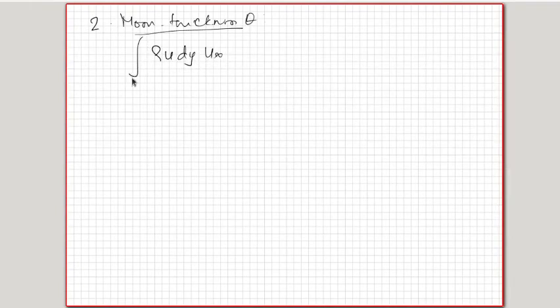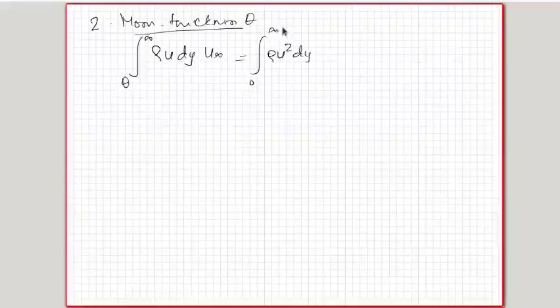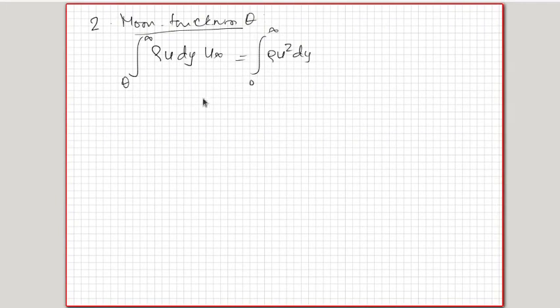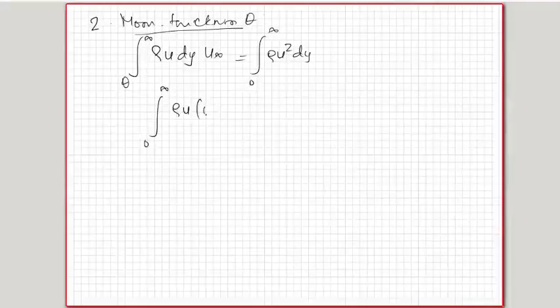This integrated from theta to infinity should be equal to the integral of rho u squared dy, that is rho u dy multiplied by u itself, from 0 to infinity. So this is your primary definition, or we can define it as the momentum defect, which will be the integral from 0 to infinity of rho u multiplied by (u infinity minus u) dy.